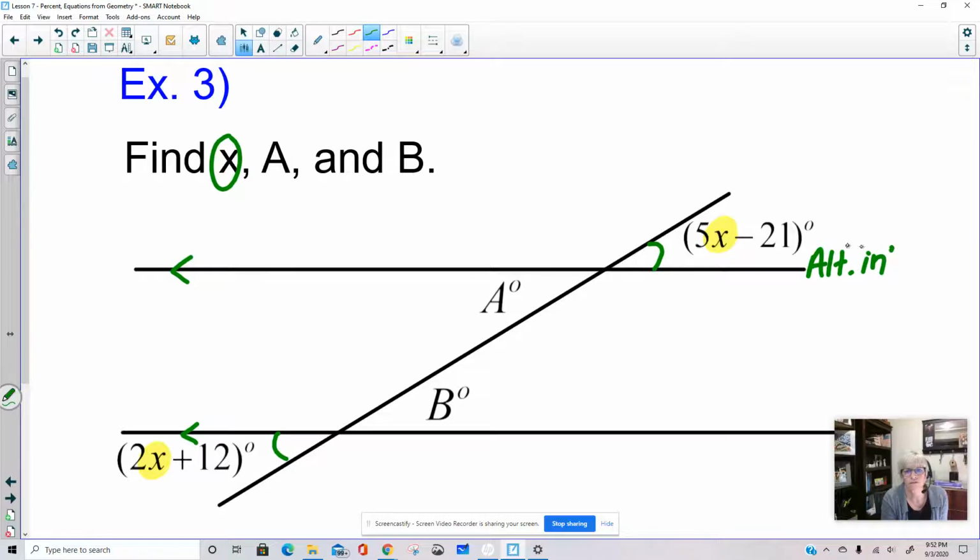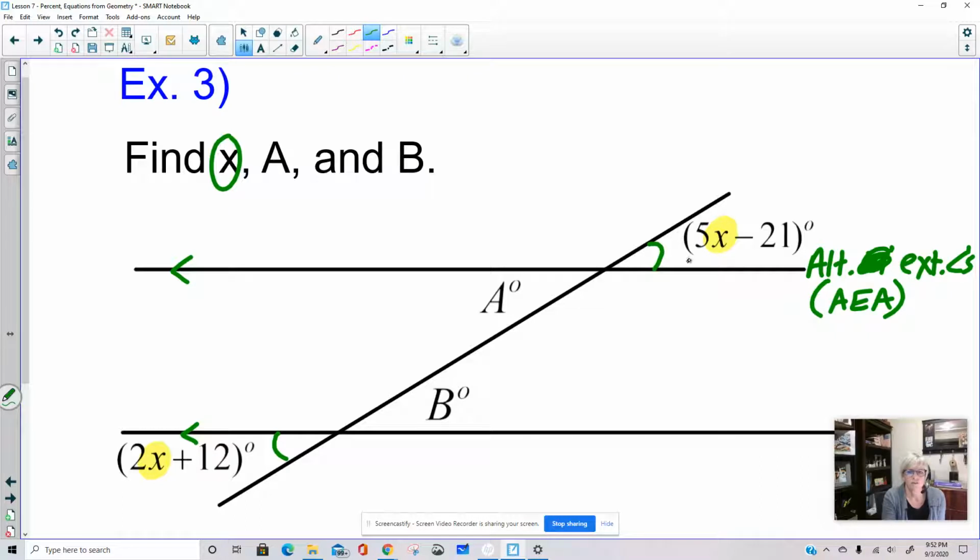Okay, and furthermore, we see that there are two small angles formed by the parallel lines and transversals, but we know that they must be congruent. Therefore, we can set up an equation that says just that. The angle that's labeled 2x plus 12 is equal to the measure of the angle marked 5x minus 21. Okay, so that's our setup.